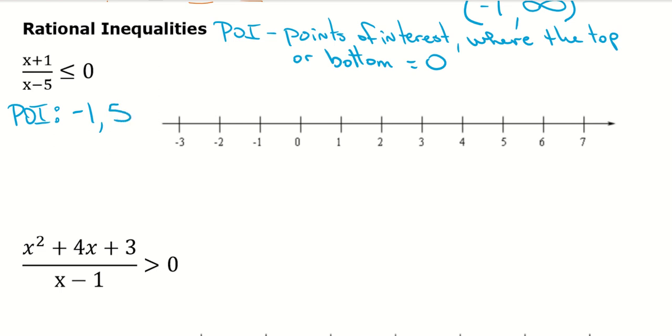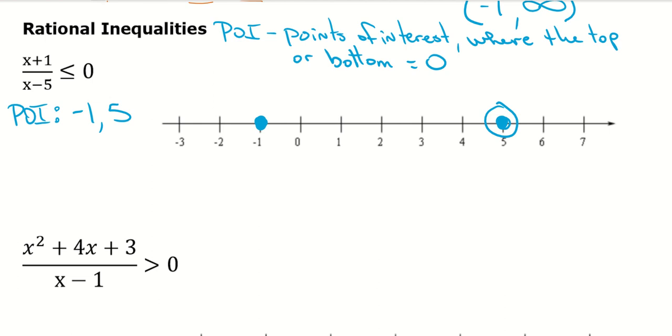Otherwise, our process is similar to what we just did on our previous inequalities, except here I'm going to go through and put a closed circle at negative 1. I'm going to put a closed circle at 5, but then I'm going to encapsulate this because it cannot equal 5, because that's our denominator and we cannot have zeros in our denominator.